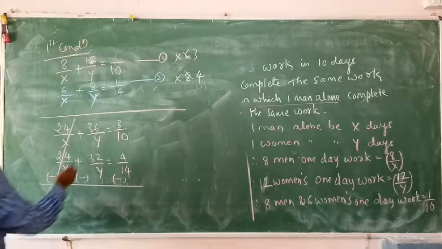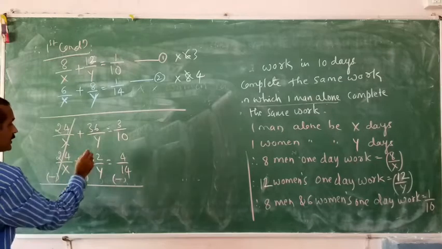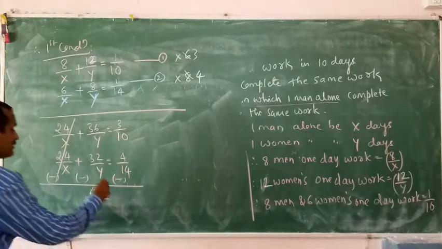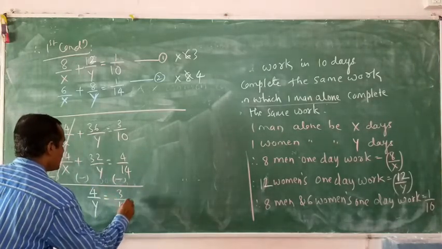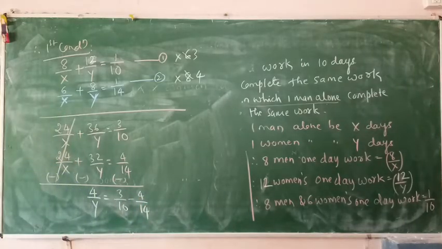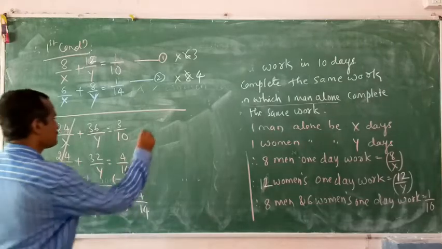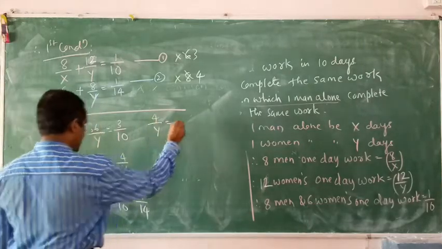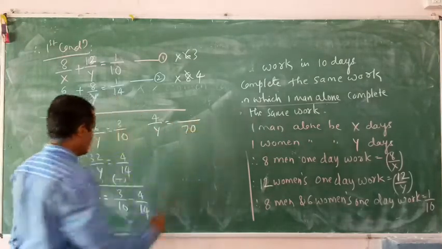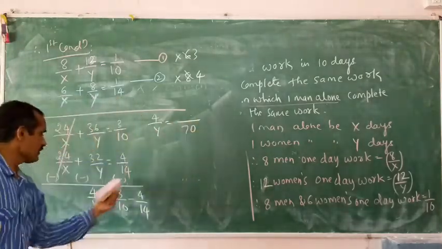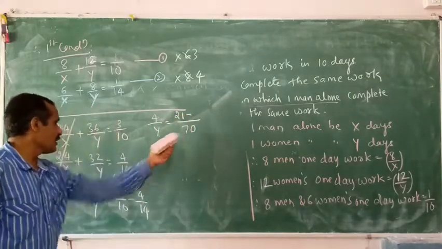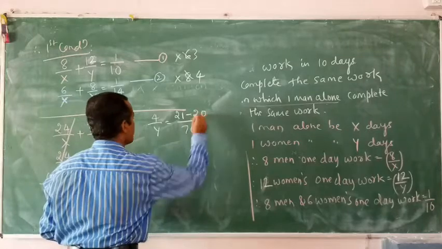What is left over? 36 minus 32 gives you 4 by y is equal to 3 by 10 minus 4 by 14. The LCM is 70. 10 7s are 70, 7 3s are 21, minus 14 5s are 70, 4 5s are 20.